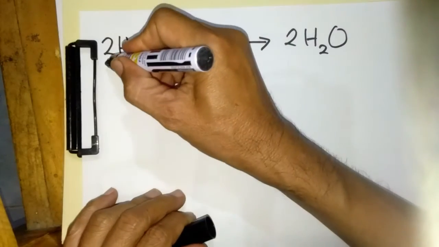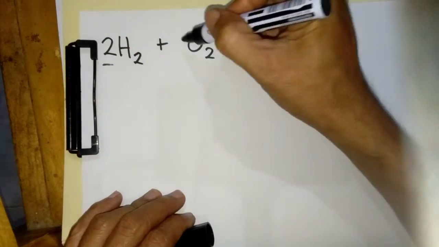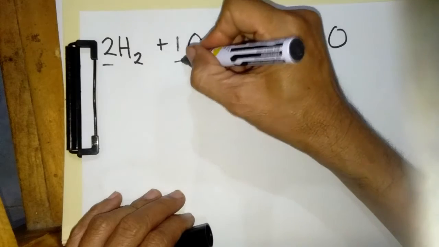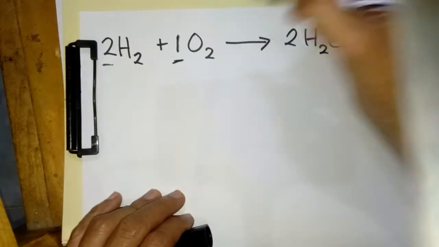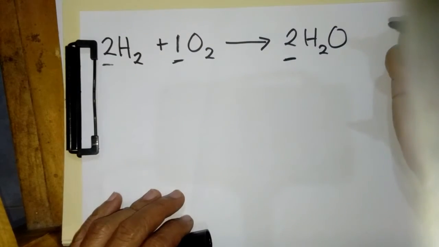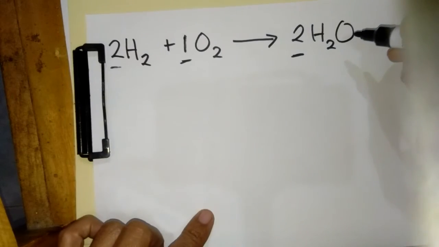These are the coefficients. And then we have also 1 here, because when there is no coefficient, it is automatically 1. And then 2 moles of H2O.